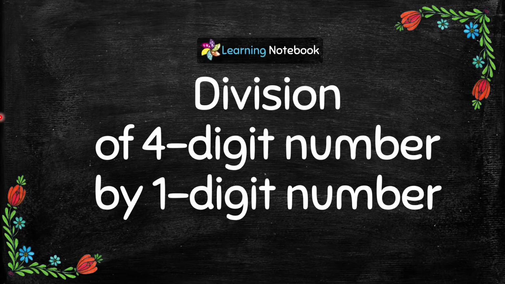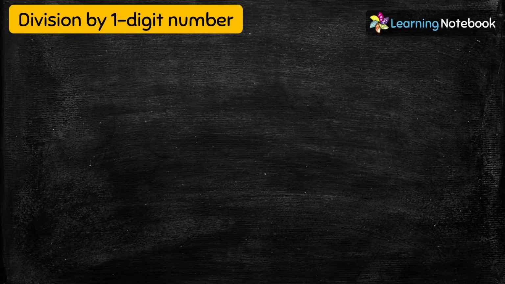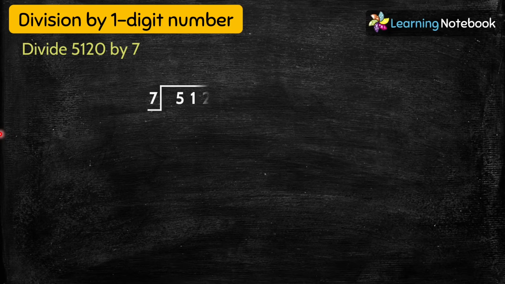Now let's do division of a 4-digit number by a 1-digit number. Question is, divide 5120 by 7. So let's form a tent and put 5120 inside the tent and 7 outside the tent.